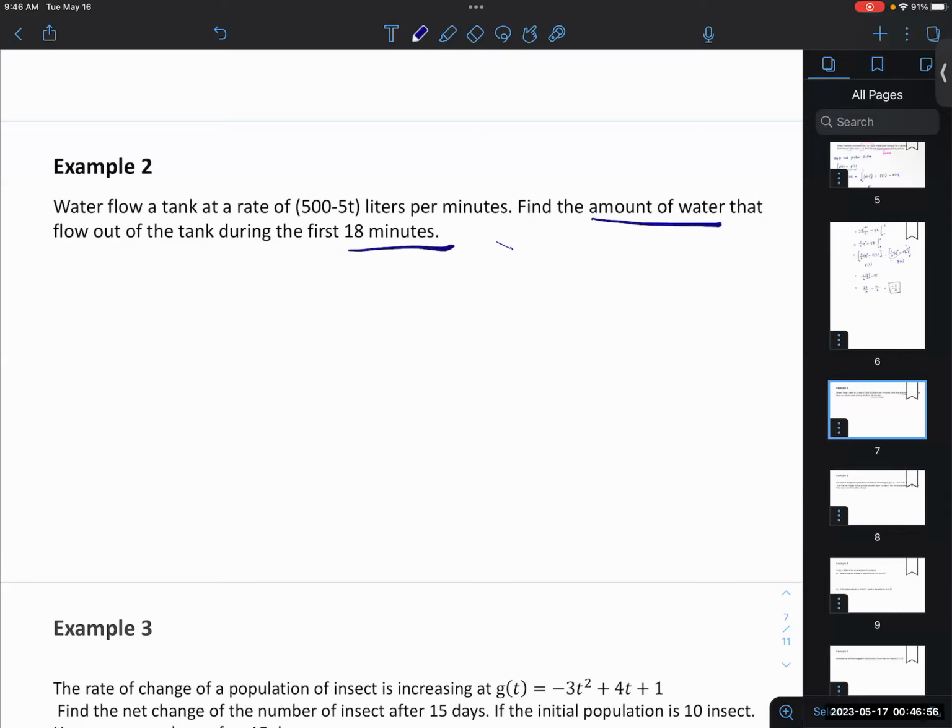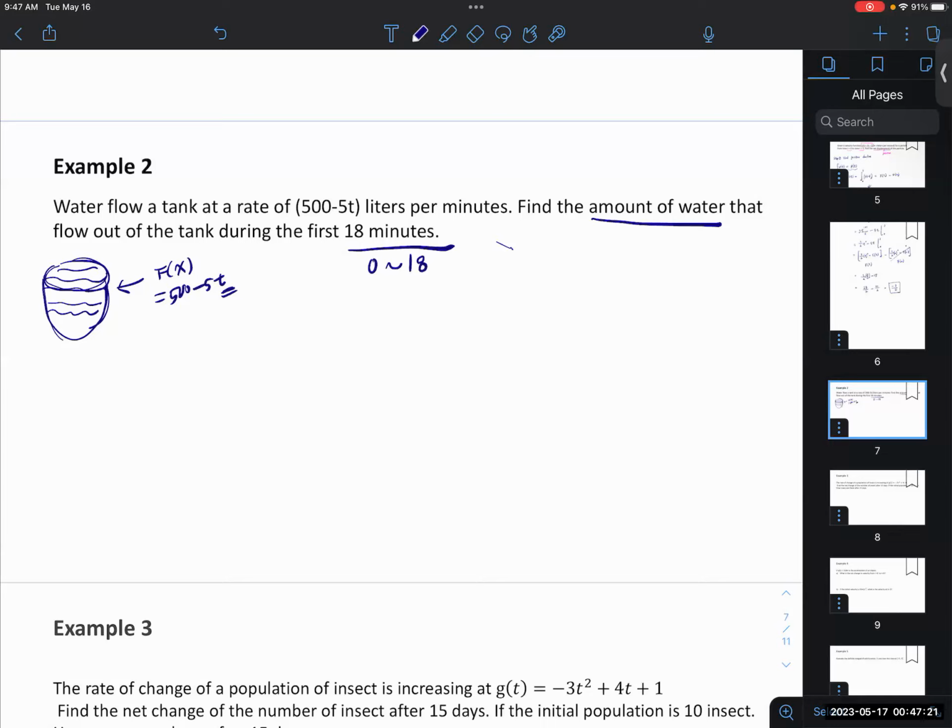So think about it. There's a water tank and then there's a function. Let's say we have 500 minus 5t. So over the time, as t is changing, they're going to be filled quickly. And then they exactly want to know the amount of the water from 0 to 18 minutes.